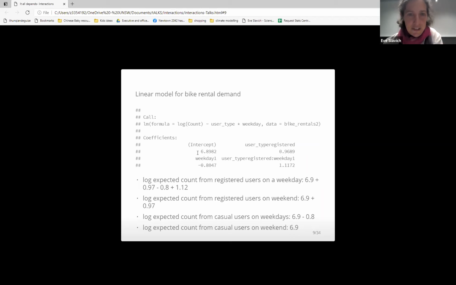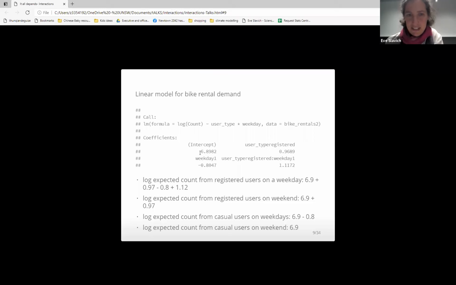I did take the log, so we're just working on the log scale. So if we wanted to calculate the count from registered users on a weekday, how do we get that from the outputs of this model?